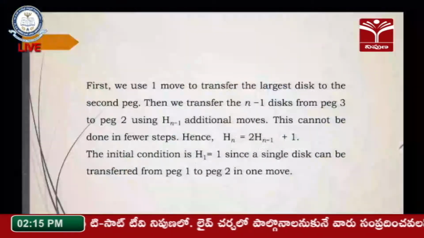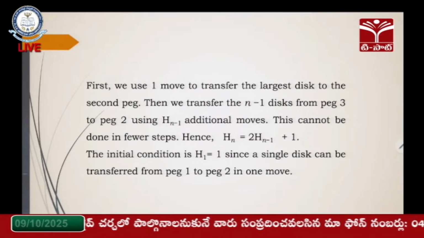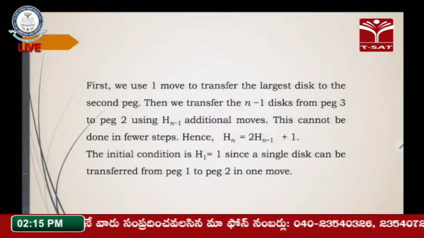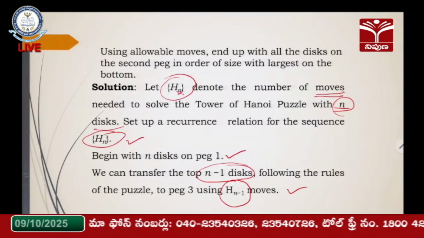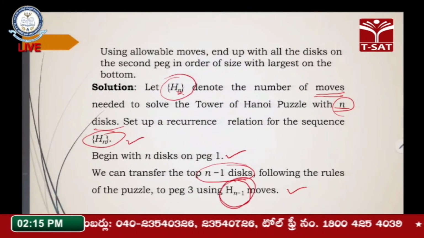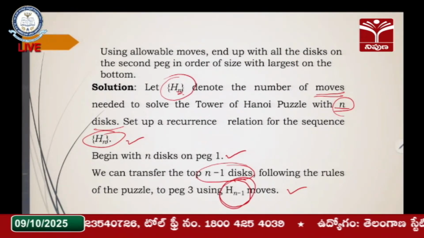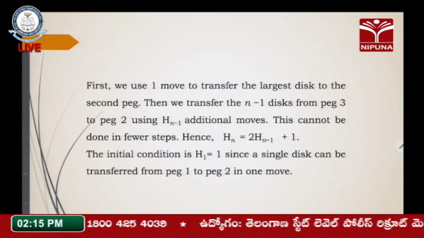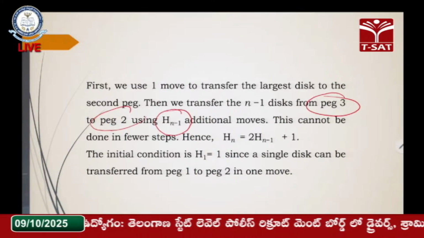We use one move to transfer the largest disk to the second peg. Then we transfer n minus 1 disks from peg 3 to peg 2 using Hn minus 1 additional moves. See, already here we have Hn minus 1 moves to move n minus 1 disks to peg 3, right? And again from peg 3 to peg 2, again we are using how many moves?